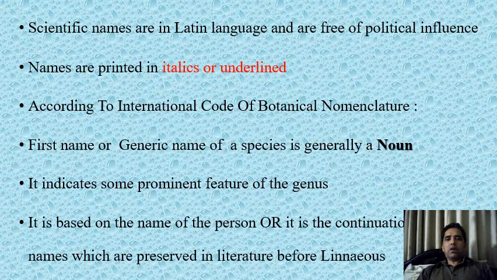For example, Ficus carica, the fig. The first part is the generic name, and the second part is the specific name or specific epithet.